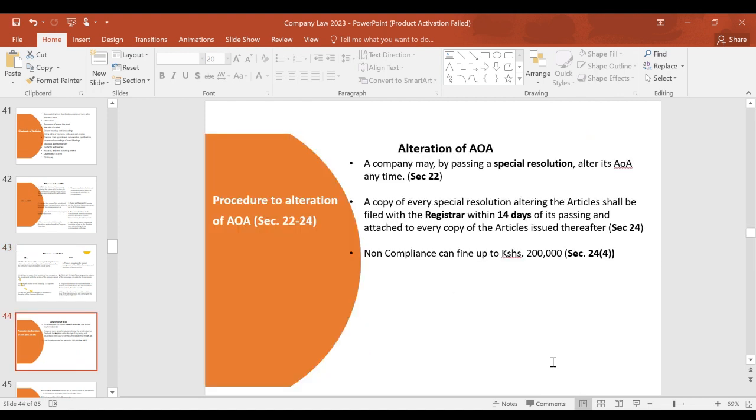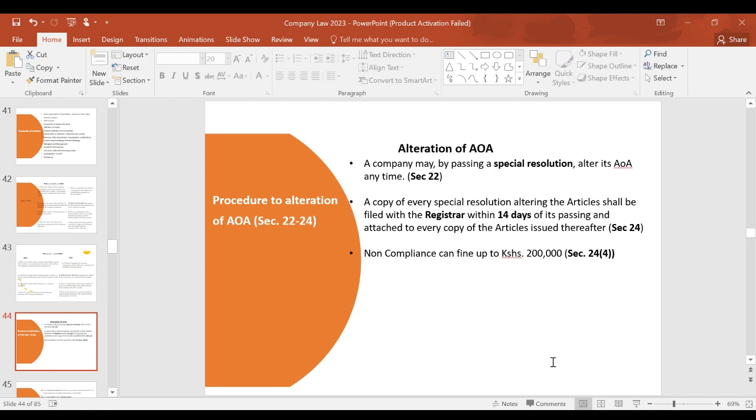Now, how do we alter an article of association? Articles of association can be altered through a special resolution as codified under section 22 of the Companies Act. Now, the procedure for alteration of a company's articles of association, you can find under section 22 to 24.